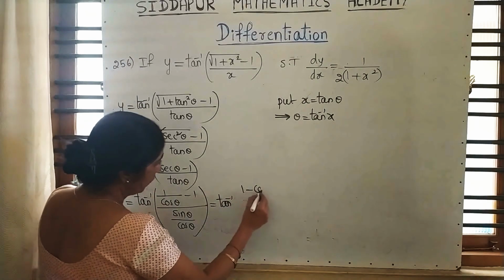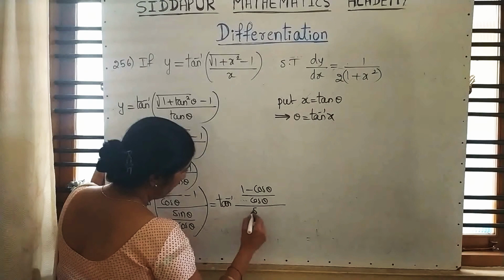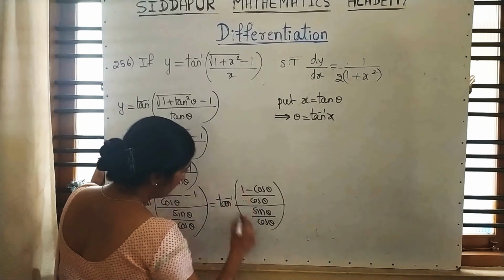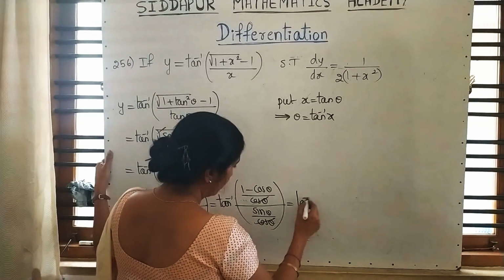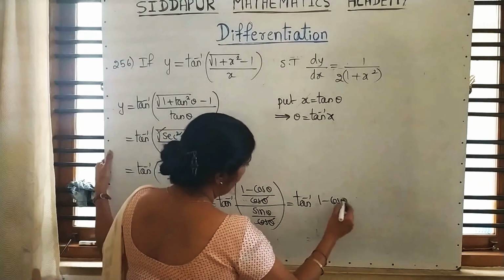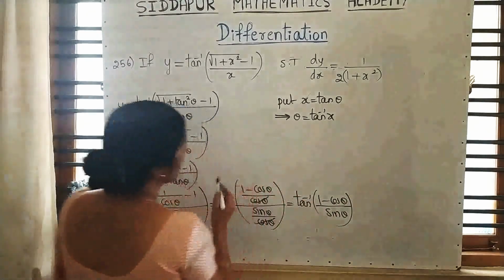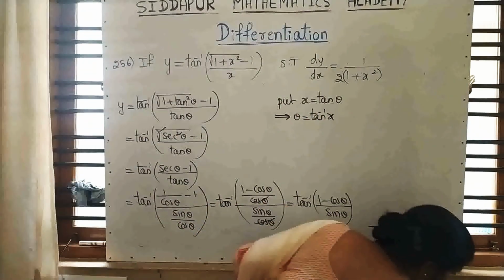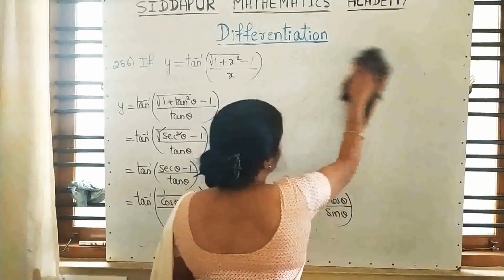Take the LCM for numerator. Denominator keep as it is. What is remaining? 1 minus cos theta upon sin theta. And student, I will rub this. Please remember whatever I wrote because that will be required in the next step. There is no place, that's why I will rub this.